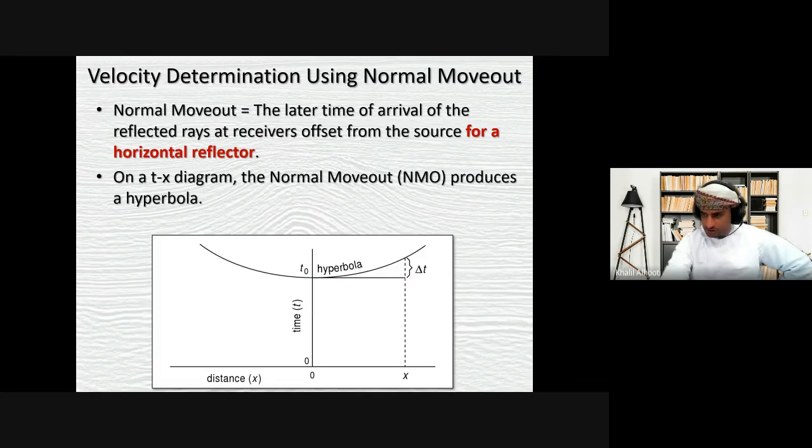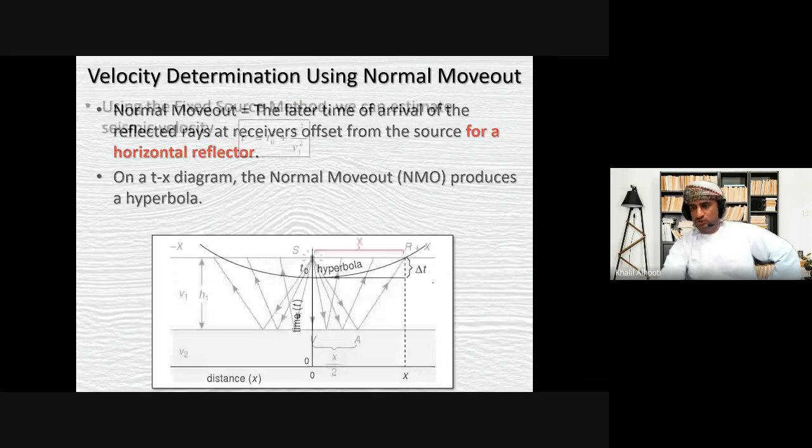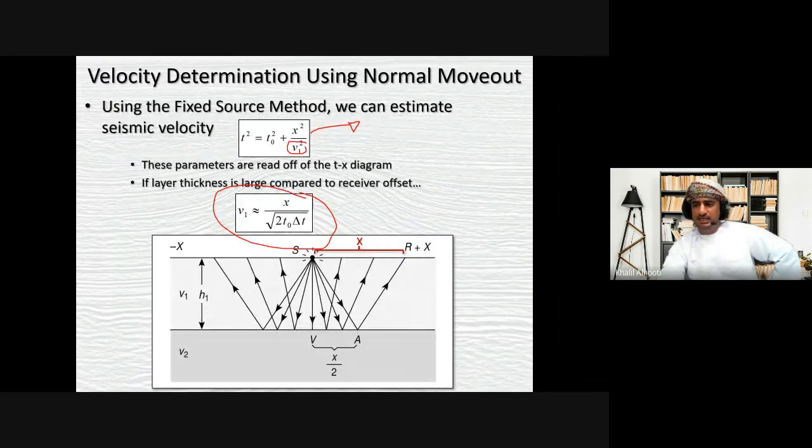This line, which is T naught, and this is normal T, the time at this specific geophone. So this is the final equation we need. This is the equation we are interested in to get the velocity.